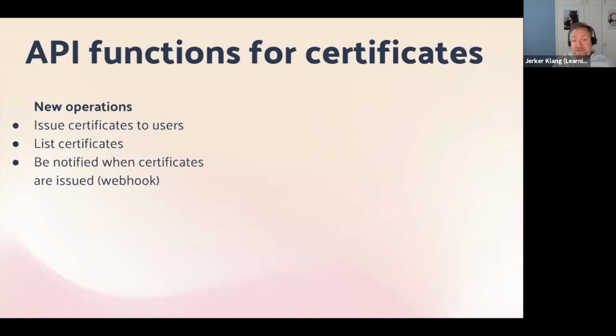But for now, we have added API functions that allow you to issue certificates to users, to list information regarding the certificates and who they have been awarded to. And there is also a webhook so that Learnifier can notify other systems when certificates are issued.